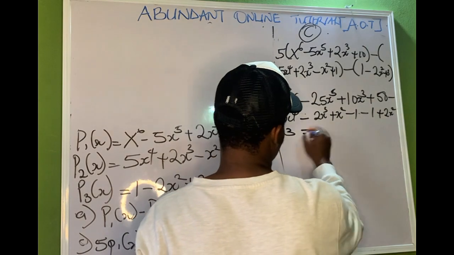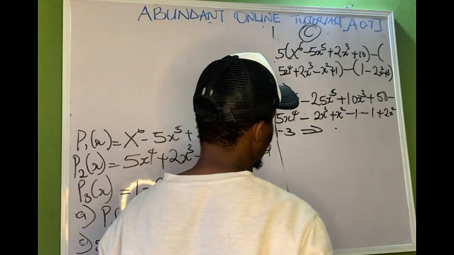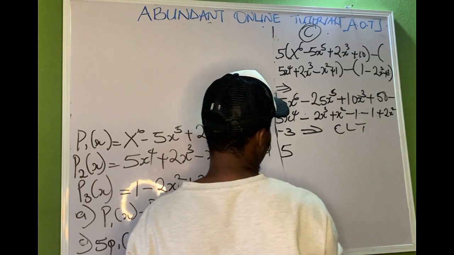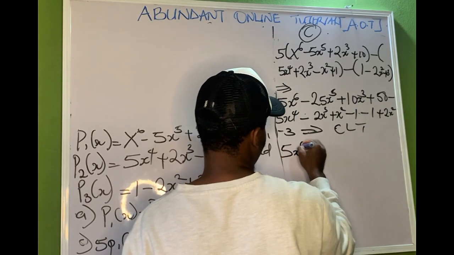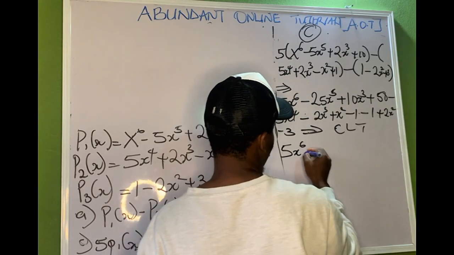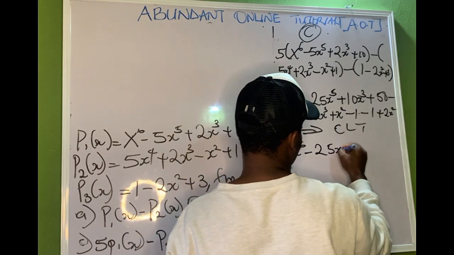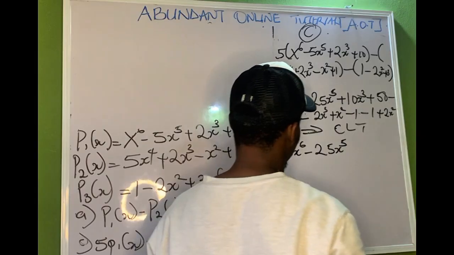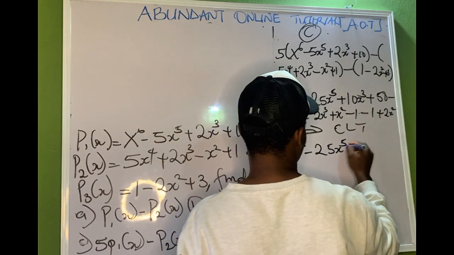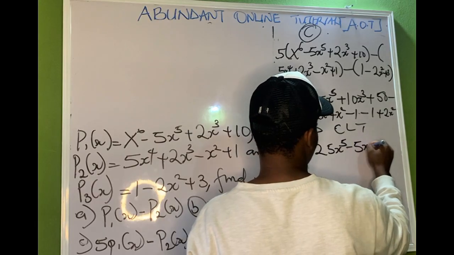So since we've gotten that, we now continue to pick the like terms. I now have that my 5x^6 comes first, followed by 25x^5. Do we have x^5 again? No. I now have minus 5x^4.